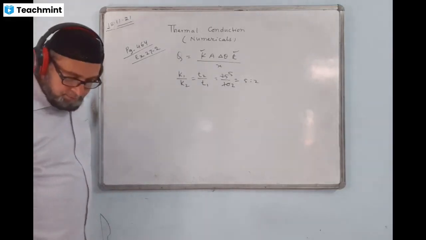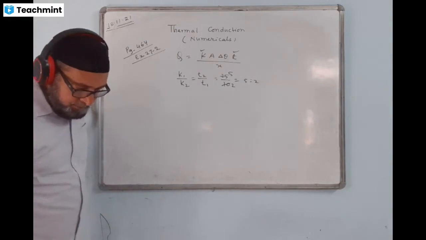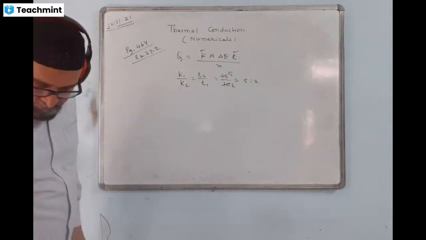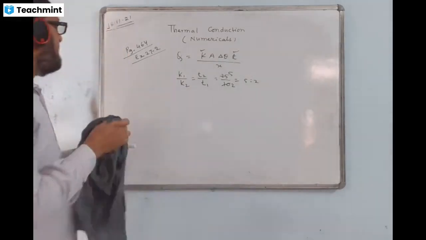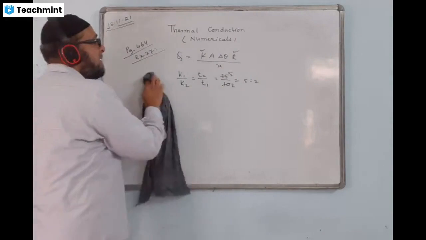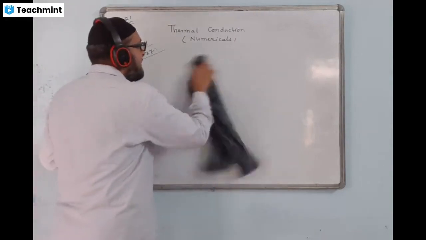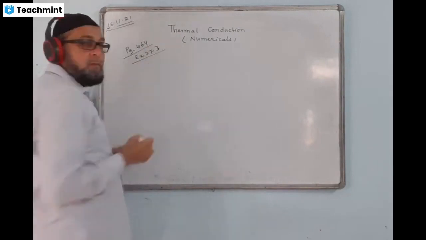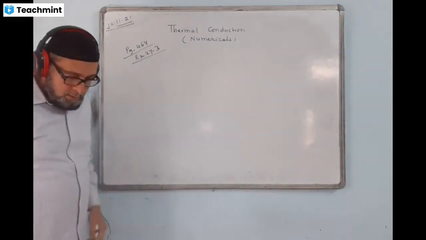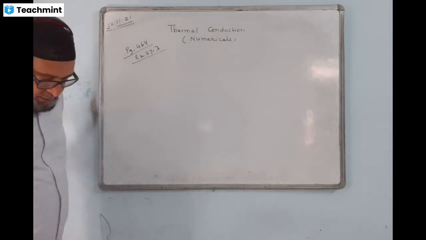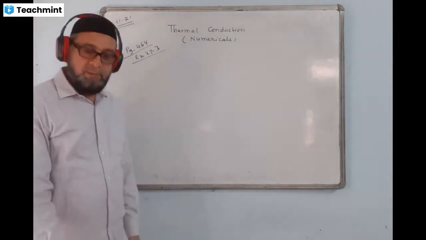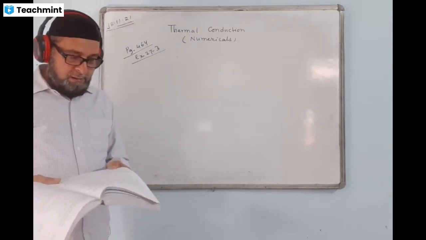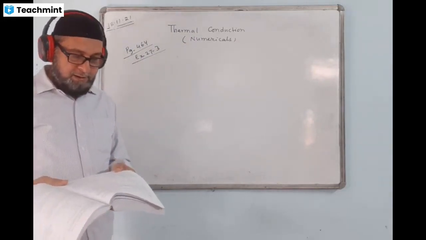This is simple one. Now we are doing the next one. Example 27-3. Question says 3 bars, each of area of cross section A, capital A, and length L are connected in series.